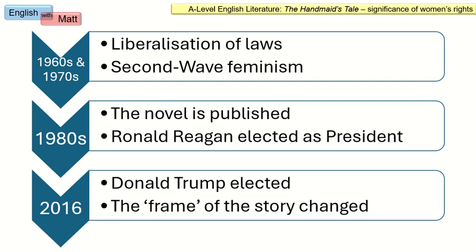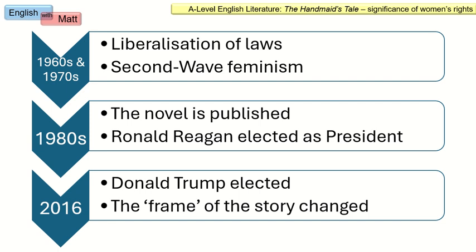And by late 2016, when Donald Trump won the election in November of that year, Hulu and the TV networks were already filming the first series of what became a very successful adaptation of The Handmaid's Tale, starring Elizabeth Moss.